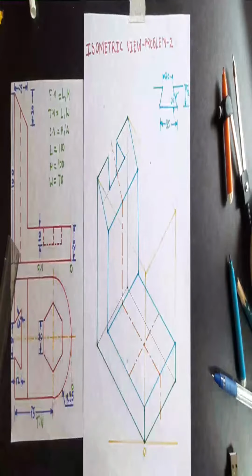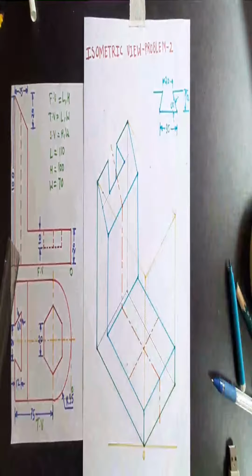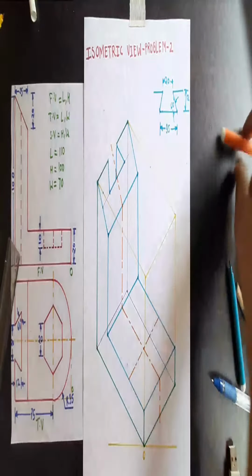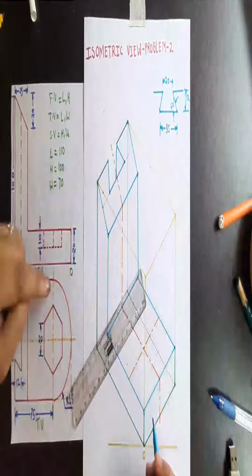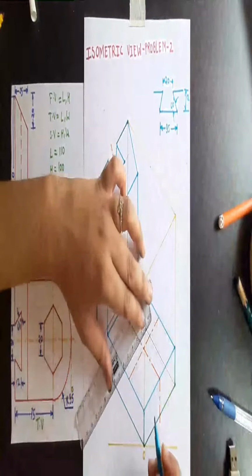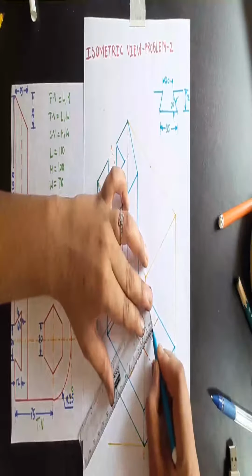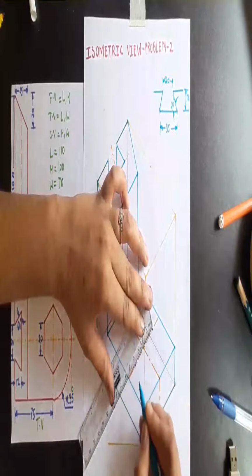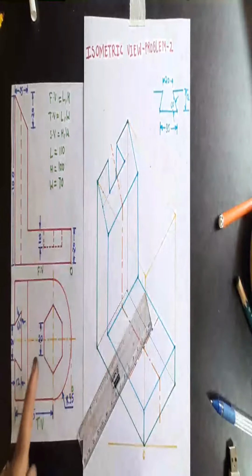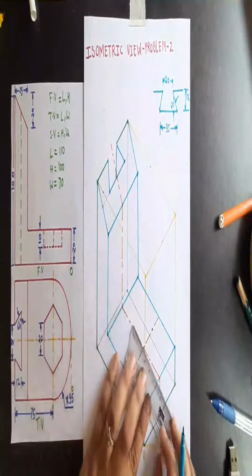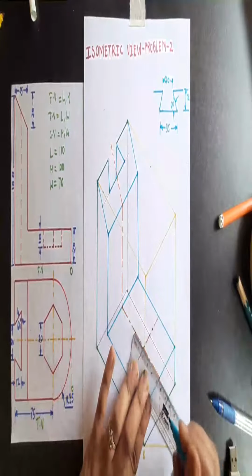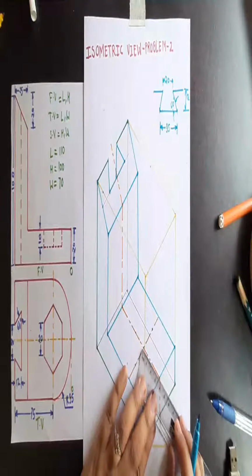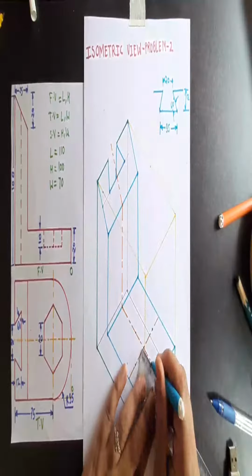So let's mark those distances. Along the width it is 20 mm on both the sides of the symmetric line. Hence here is my 20 mm, here is the 20 mm, and along the length it is 18 mm and 18 mm. So along the length, 18 mm here and 18 mm on the other side.